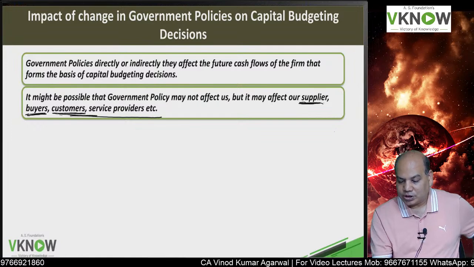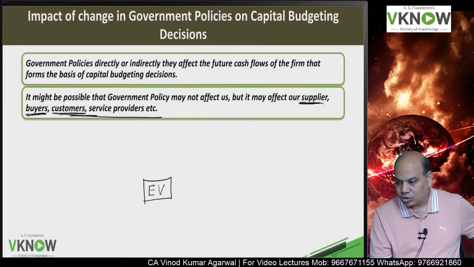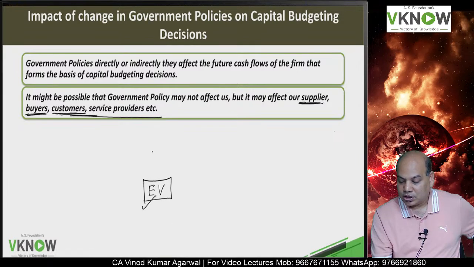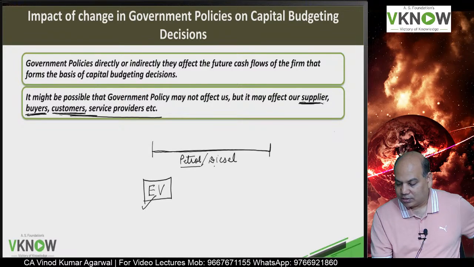A recent example of change in government policy is that they are focusing more on electric vehicles. Companies have already invested in factories which are designed to produce petrol, diesel based vehicles.